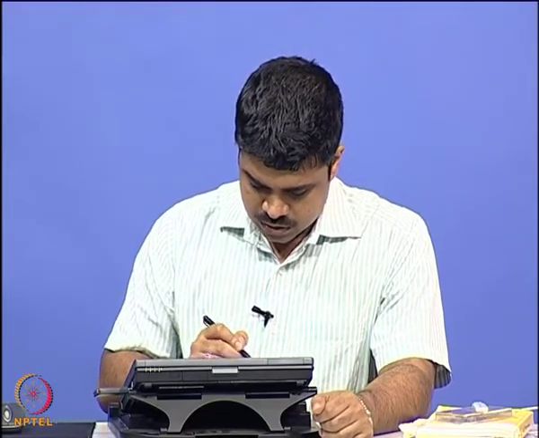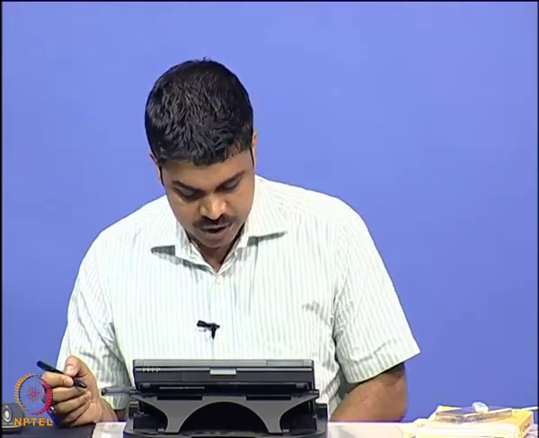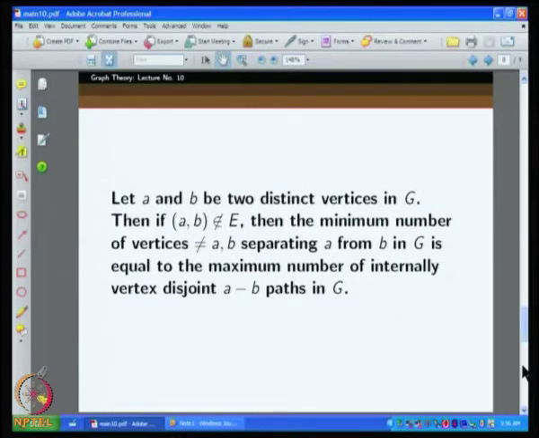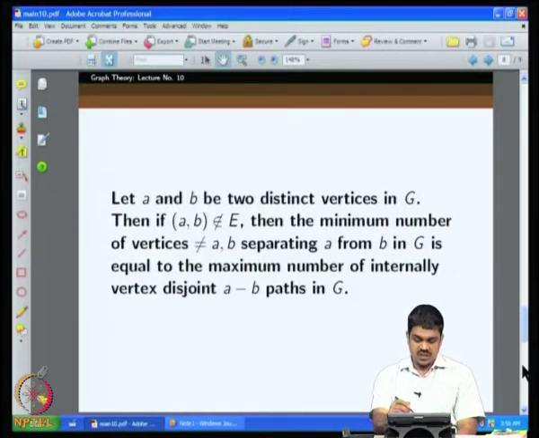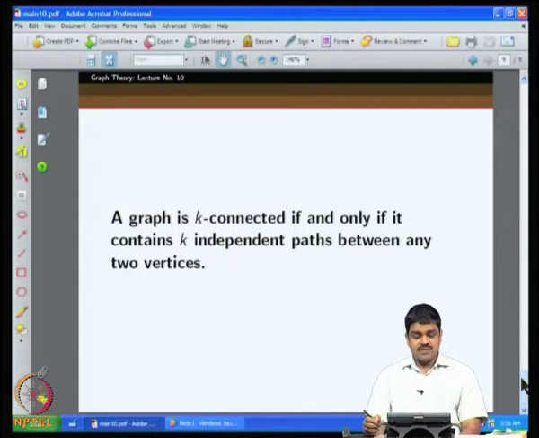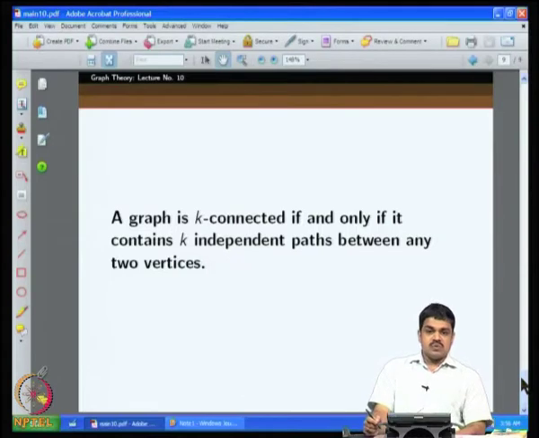This is the last one: let A and B be two distinct vertices in G. Then if AB is not an element of E, the minimum number of vertices other than A and B separating A from B in G is equal to the maximum number of internally vertex disjoint AB paths in G. Now, a graph is K connected if and only if it contains K independent paths between any two vertices. That is, K disjoint paths between any two vertices.